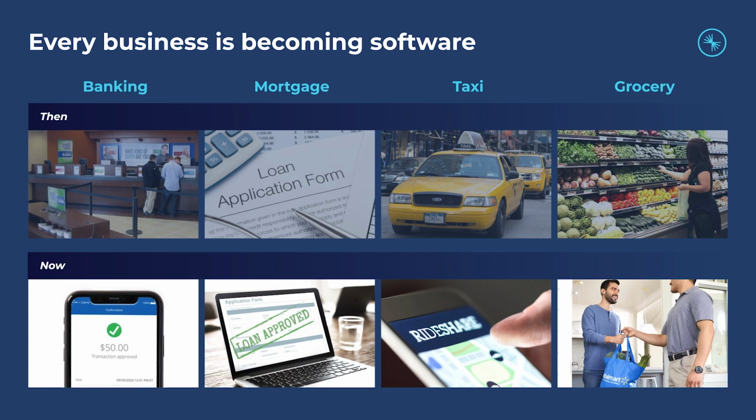Pretty much across industry verticals: banking, mortgage, taxi, grocery. If you look at every aspect of our life right now, it is rich with these experiences where we are seeing highly interactive, highly real-time, much quicker responses from the systems, enabling us to take actions much faster.